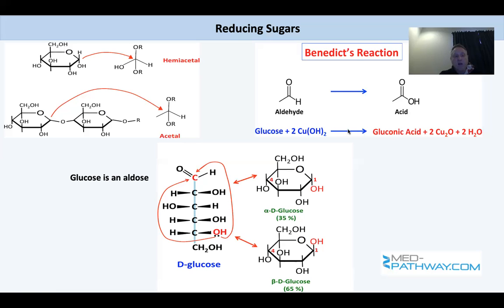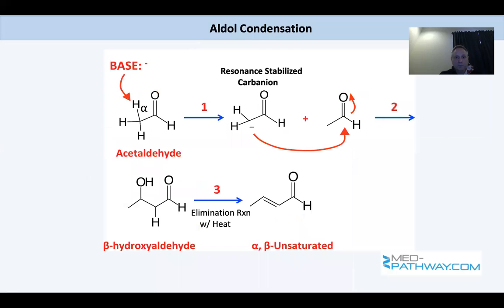But if the aldehyde is in an acetal linkage, or over here, it won't be able to be oxidized at all. So the idea then is that if your sugar has an aldehyde, it can be reacted with Benedict's reagent. It's a reducing sugar.